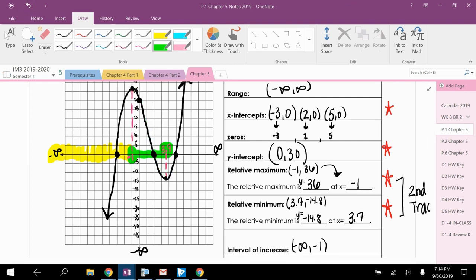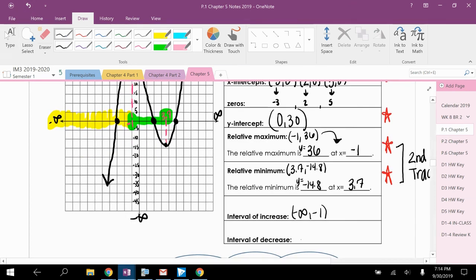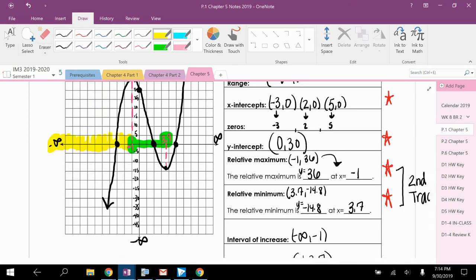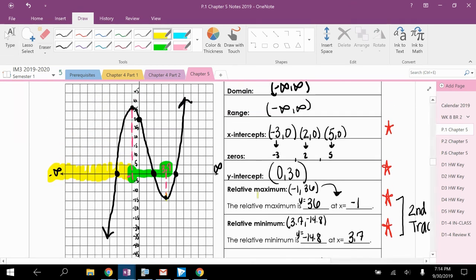Okay, so I'm going to go ahead and put that in. So I'm decreasing from -1 to a positive 3.7. Then my last part, you can see here, I'm going to increase again.